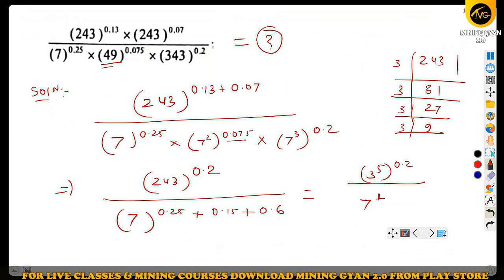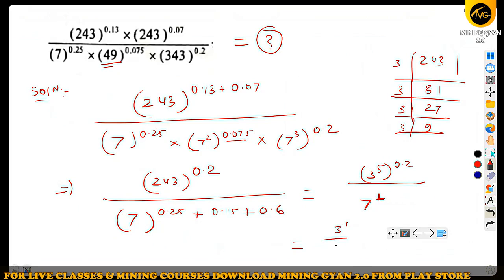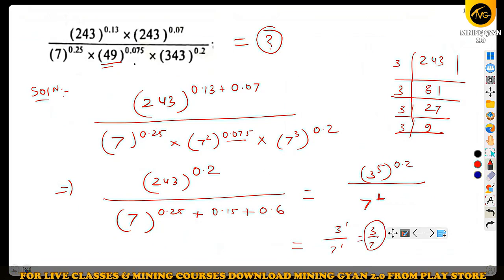So 7 power 1, and in the numerator 3 power 5 multiplied by 0.2, that means again 1. So 3 power 1 and 7 power 1, that means 3 divided by 7 is the answer of this question, right?